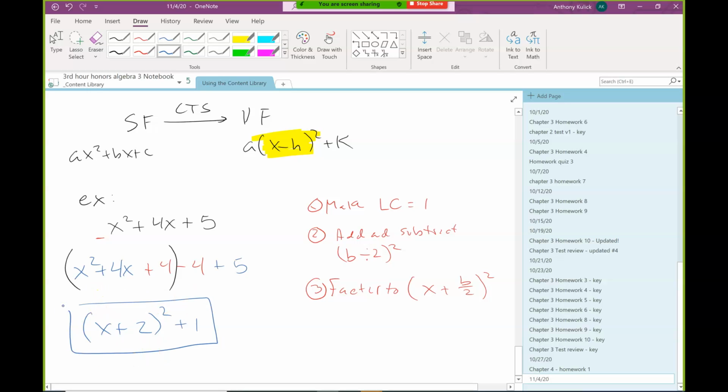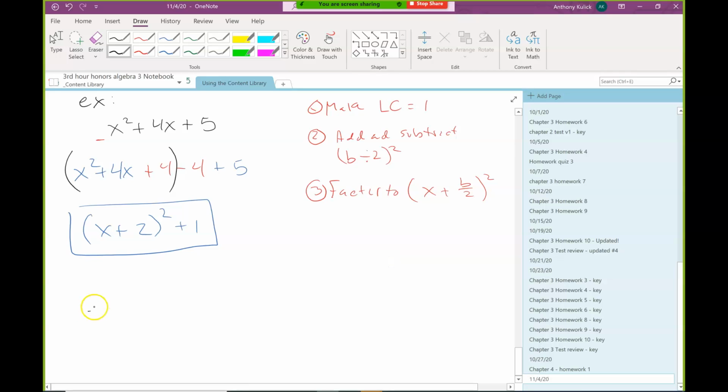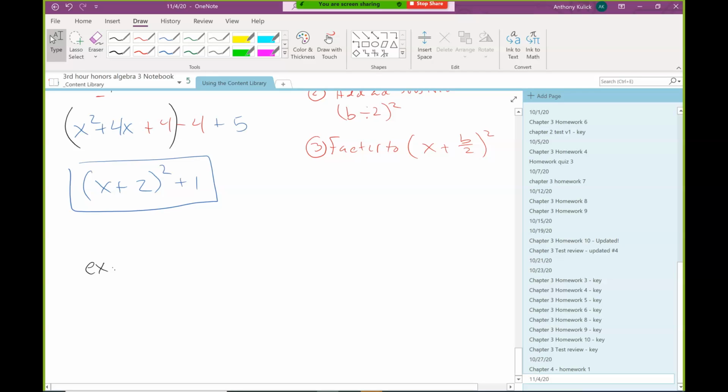That doesn't seem so hard, Mr. Kulik. Well, let's do another one where the numbers get a little less convenient. Sound okay? All right. How gross do you want this to get for the next one? Let's not make this too bad yet.